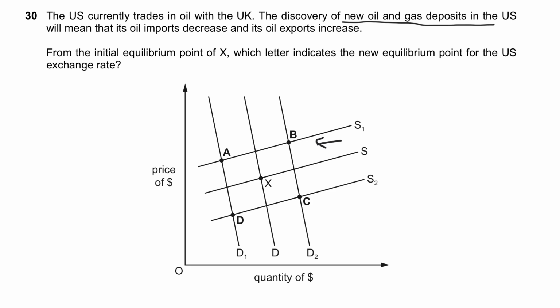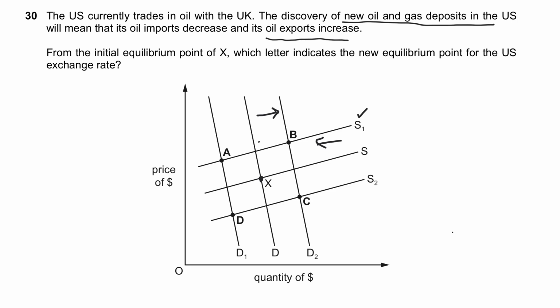So if I am right now at D and X, which is this equilibrium, I will now have supply fall and I'm going to move to S1. But at the same time, they said that the discovery of oil will mean that its oil imports will fall, but the exports will rise. And for exports to rise, that would mean a lot more people would be interested in buying US oil, which means demand for the currency will also rise.